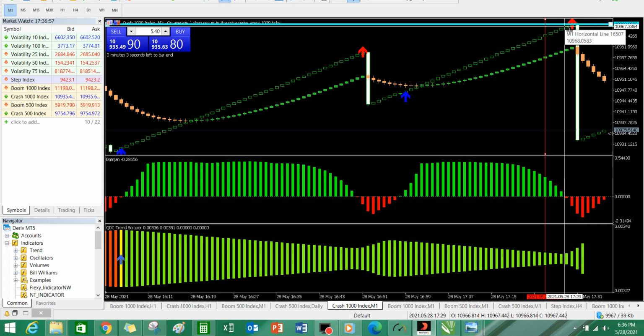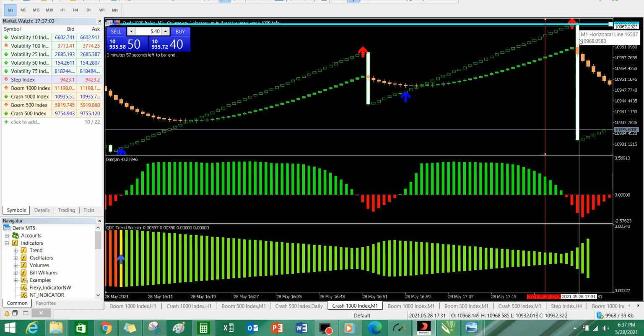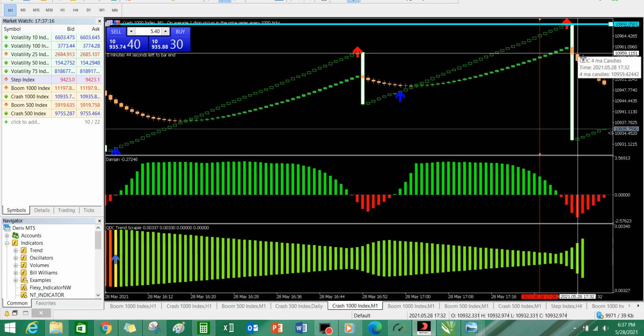But let's say you are the type that is very stubborn in trading. You left it open and it crashed. It's a big crash here. If you use a reasonable lot size, of course it's going to chop off a bit of your capital, but this is it.